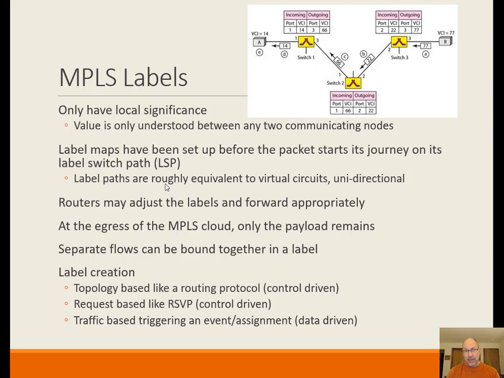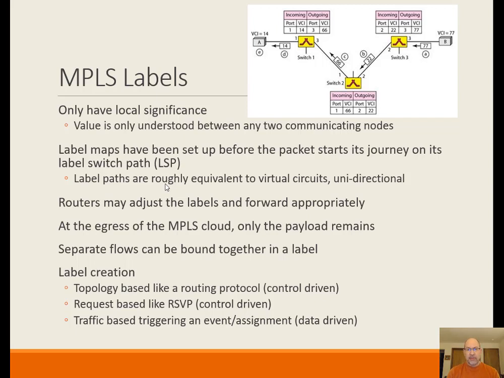There's nothing at all that says that a label's got to be there across the entire MPLS cloud or topology. Now, it certainly could be the case that you map them continuously, but it's not anywhere near a requirement. Now, the pathway that an MPLS labeled datagram takes through the network is called the label switched path. And this is very similar to a virtual circuit idea. We'll do an example here in a little bit.